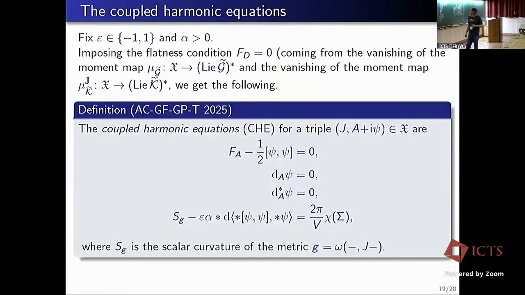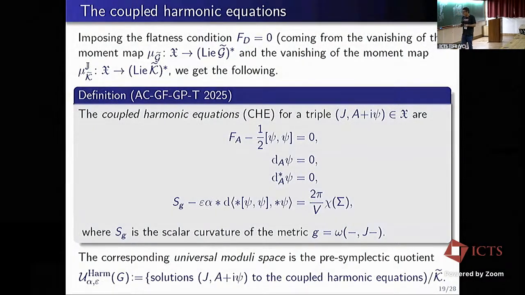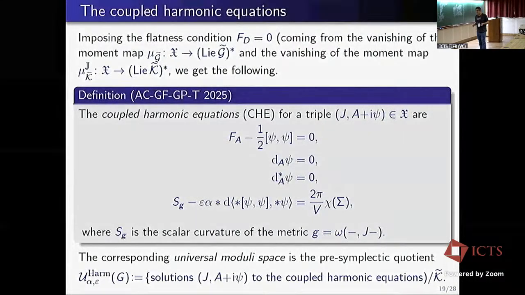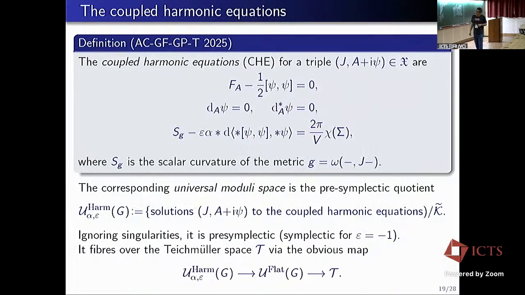And all we have said means we can construct a kind of universal moduli space parameterizing complex structures, unitary and complex connections, parameterized this way, as a symplectic or a presymplectic reduction. Okay, and just as in the other ones, there are several ways in which you can see its fibers of the Teichmüller space.